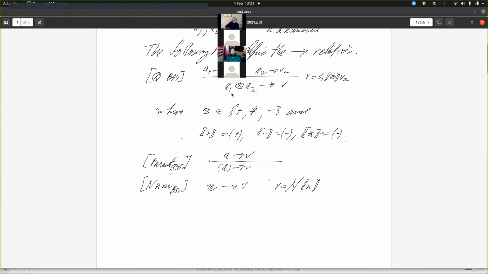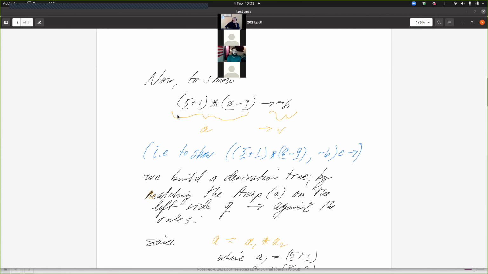But no matter what, if we calculate the size by counting the number of leaves in the tree, this is going to be smaller. The size of this one's going to be smaller. The size of this one's going to be smaller. That's the justification that eventually, since everything keeps getting smaller, whether we use the recursion defined by this inductive rule or the recursion defined by this inductive rule, eventually we're going to get down to a case where a numeral evaluates to a value.